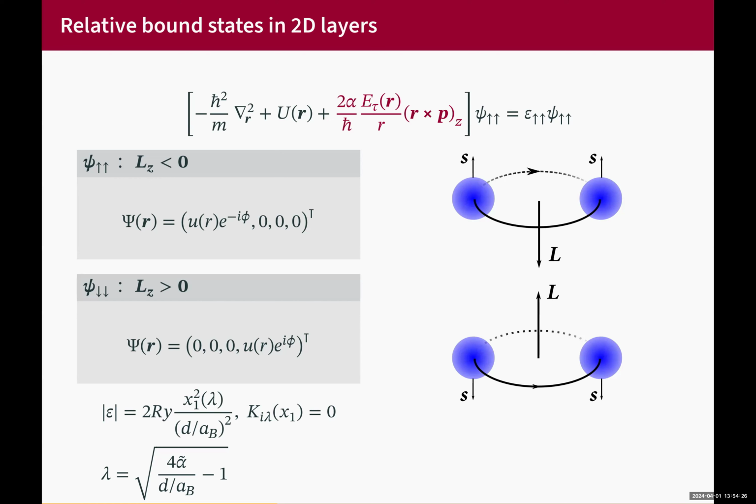This, by the way, requires a certain threshold for critical alpha in order for this potential to be able to overcome the Coulomb repulsion.